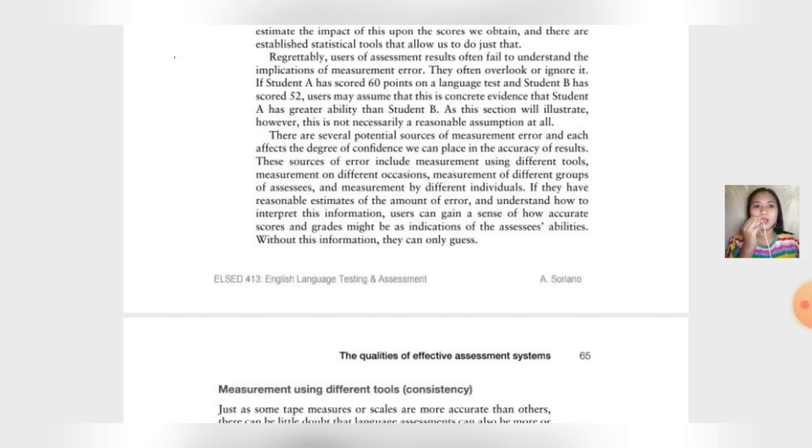If they have reasonable estimates of the amount of error and understand how to interpret this information, users can gain a sense of how accurate scores and grades might be as indications of the assessee's abilities. Without this information, they can only guess.